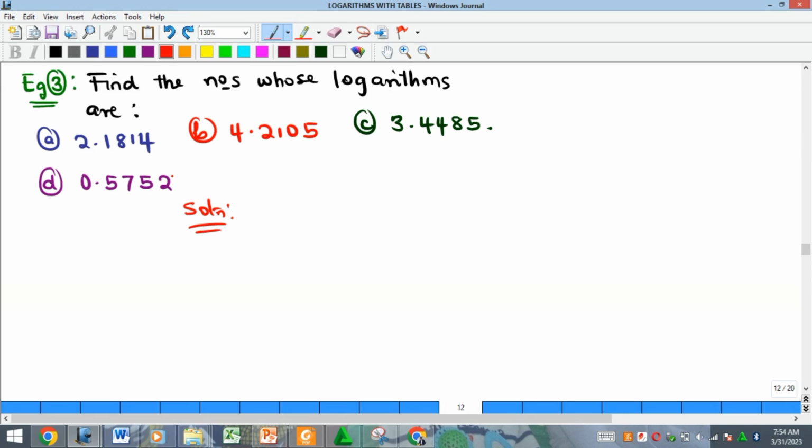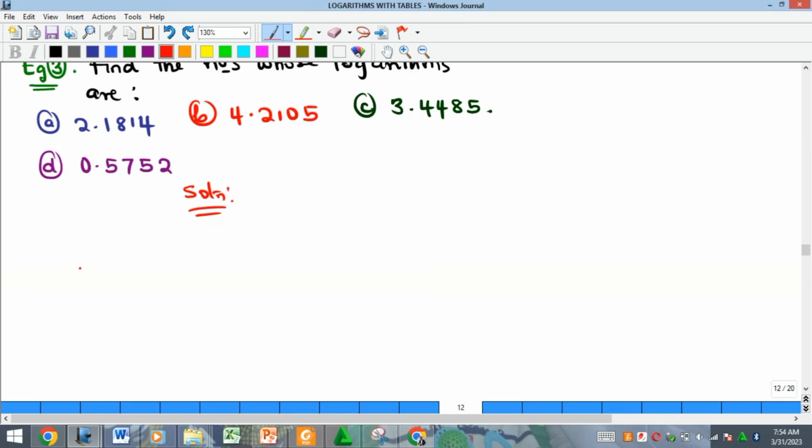Now, to find your anti-logarithms, for example A, I have the antilog of 2.1814 is going to be equal to, so here the whole number before the decimal point is the characteristics. You remember, this is actually the logarithm of a number, so this whole number stands for the characteristics, while the decimal part stands for the mantissa.